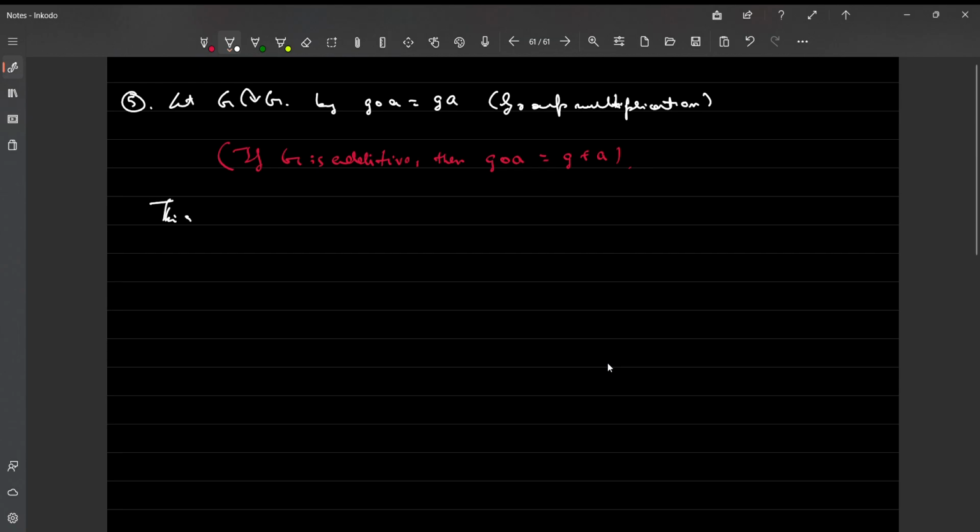So this is called the left regular action of G on itself. Clear?